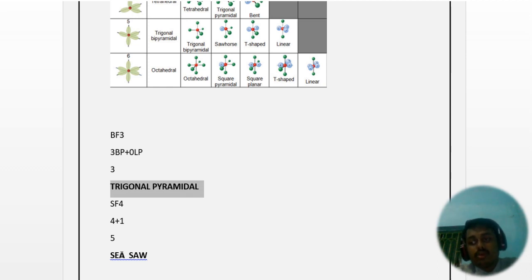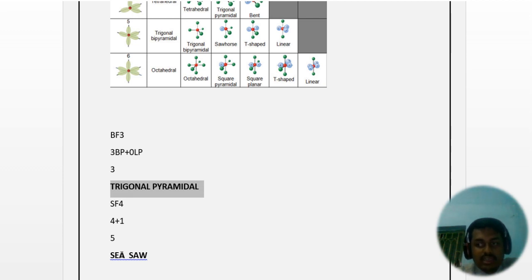So it may be confusing for you, so I am simplifying it. Sulfur has 6 valence shell electrons. From those 6 electrons, 4 are utilized to form one bond each, so 4 bond pairs.